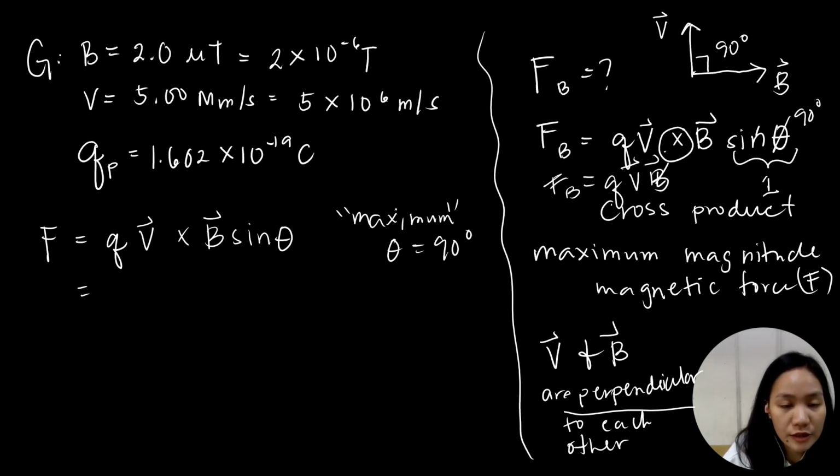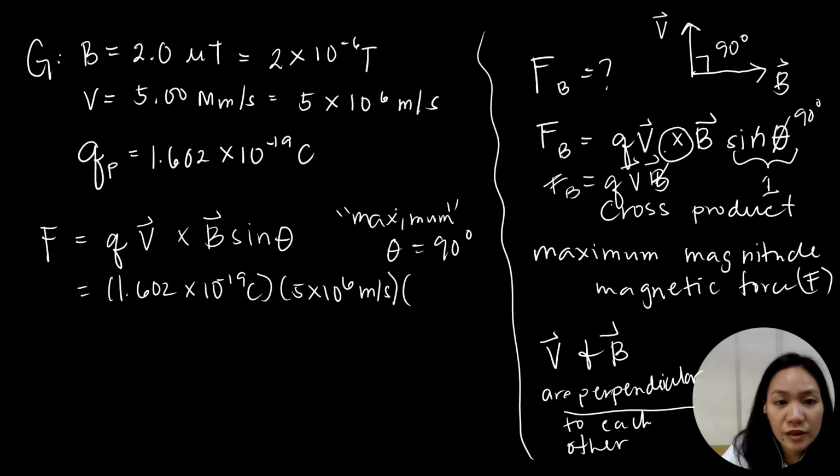Therefore, our substitution would be 1.602 times 10 raised to negative 19 coulombs times the velocity, which is 5 times 10 raised to 6 meters per second, times the magnetic field, 2 times 10 raised to negative 6 tesla, sine 90 degrees, which is obviously still 1 if you type it in your calculator.